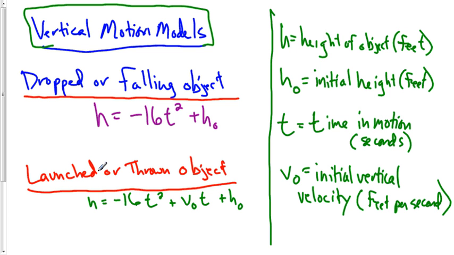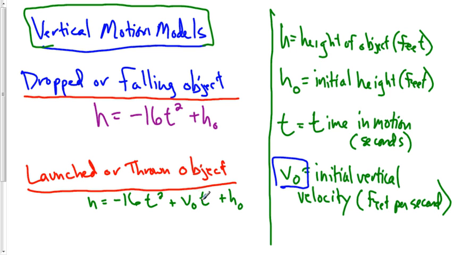Okay, and if I either launch the object straight up in the air or we throw it down, whatever it might be, this is now going to be the height at any given time equals negative 16 t squared plus v naught. That stands for initial velocity, and that's in feet per second.